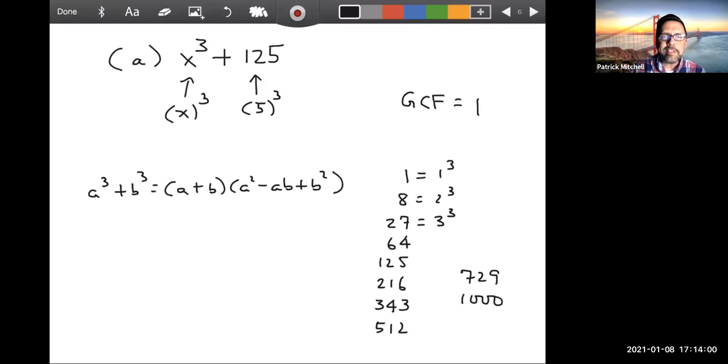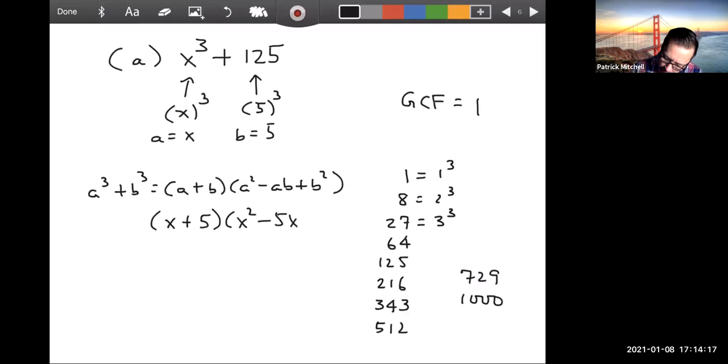All right, so in this case, playing the role of a is x. Playing the role of b is 5. So my answer is going to be x plus 5 times x squared minus 5x plus 25.